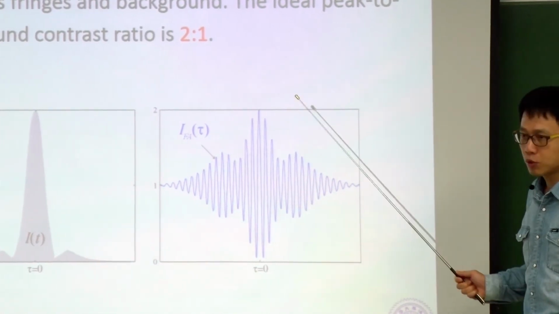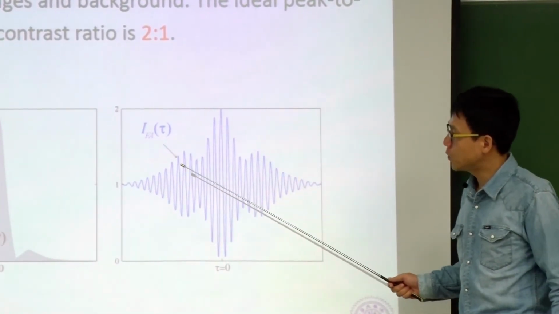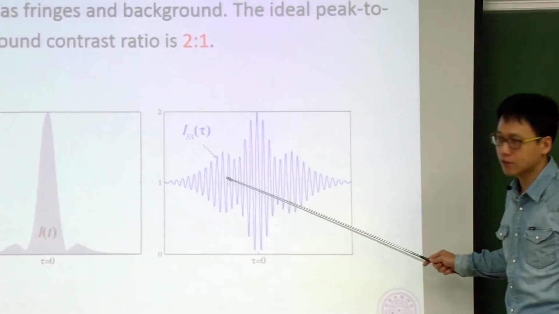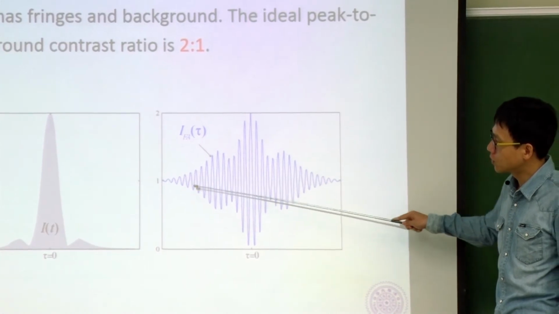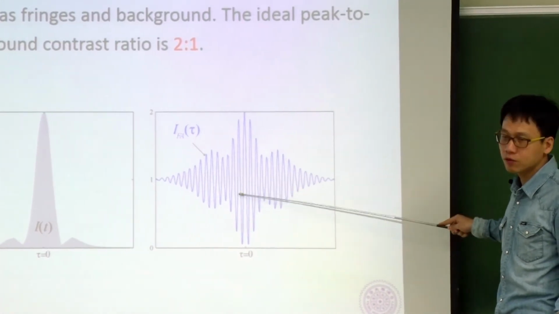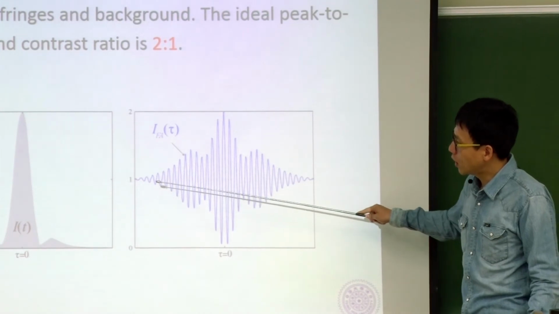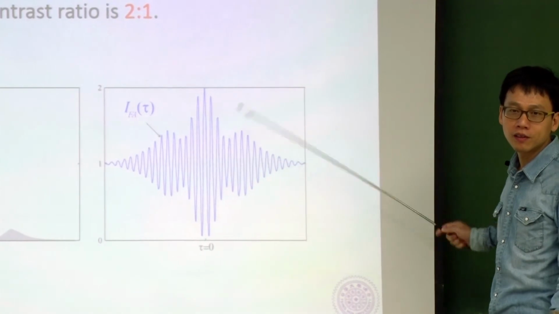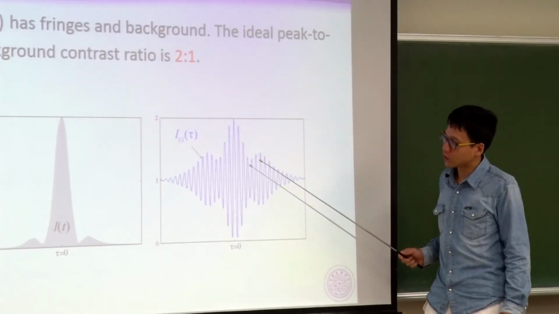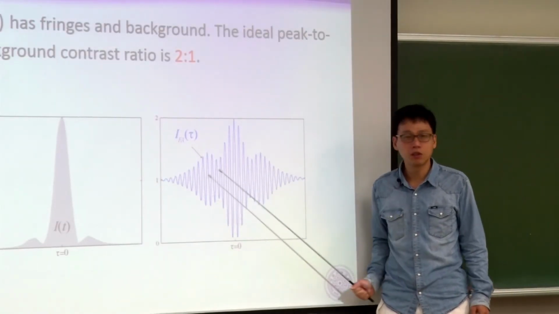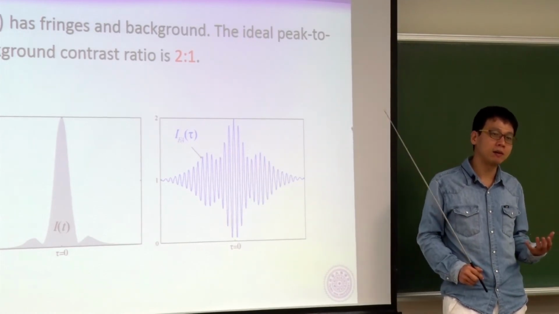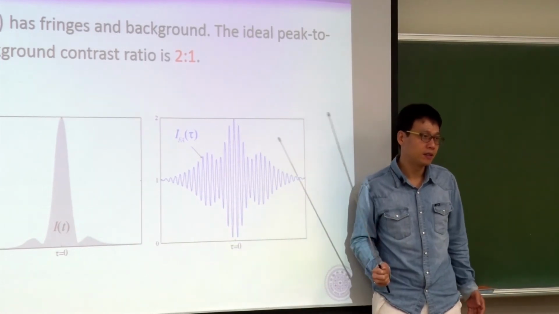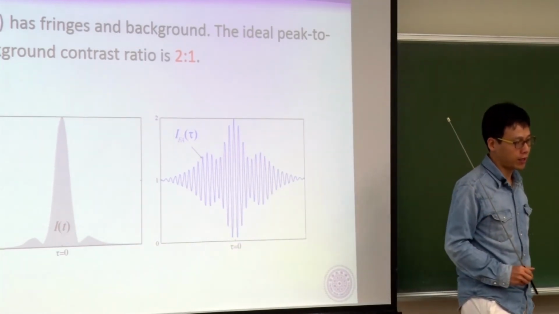Then computer simulation shows the field autocorrelation trace of this function looks like this. Okay, you see dense fringes, and roughly speaking, you can see a main peak and the two side lobes as well, right? But of course, the shapes are still different. But you can see some clues about the original pulse shape by way of the field autocorrelation trace.